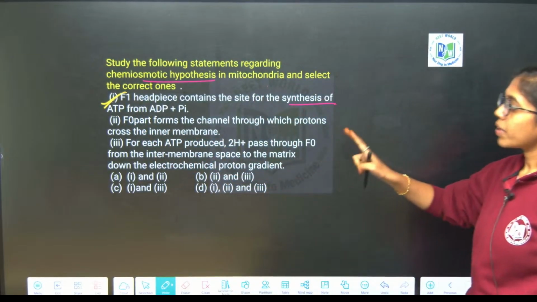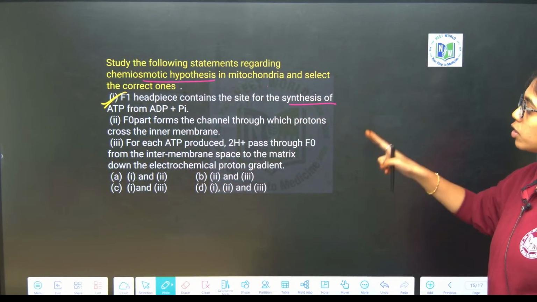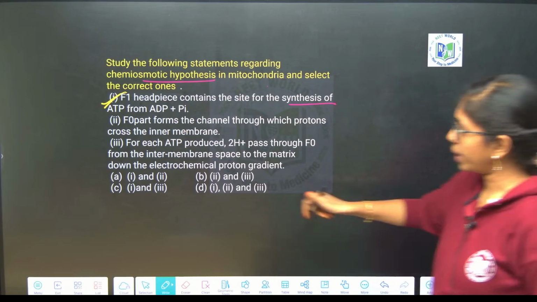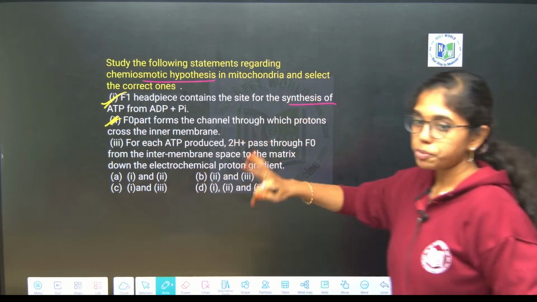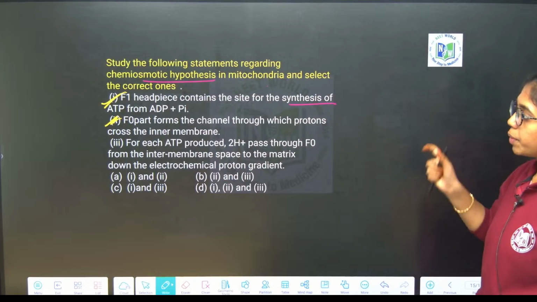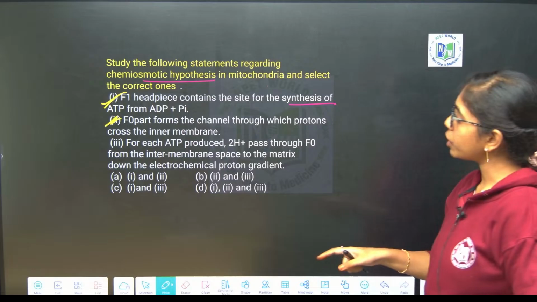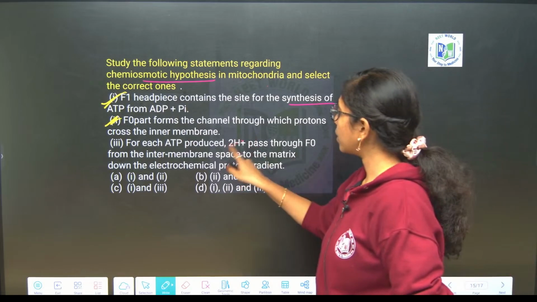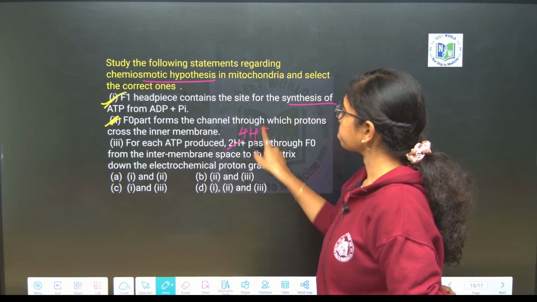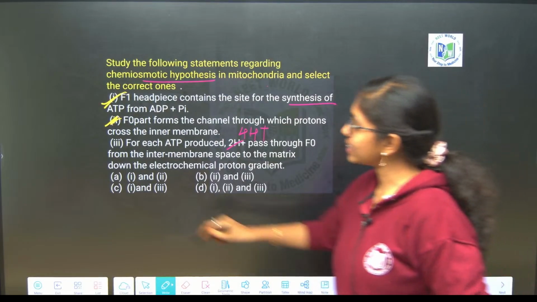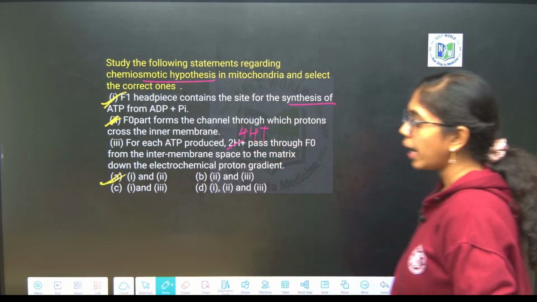F0 part forms the channel through which the protons cross the inner membrane. True. Option 3: for each ATP produced, 2 H plus pass through F0 from the intermembrane space to mitochondrial matrix. No, it is 4 H plus. Option A is the right answer, 1 and 2.